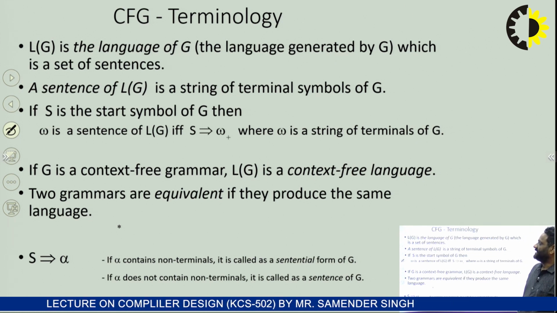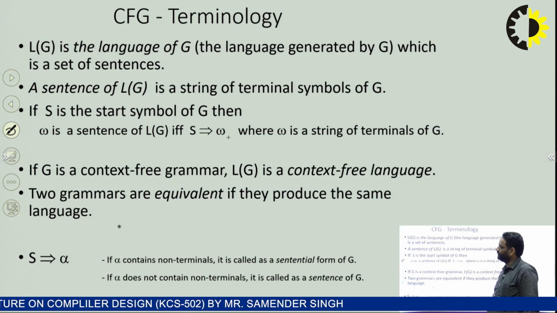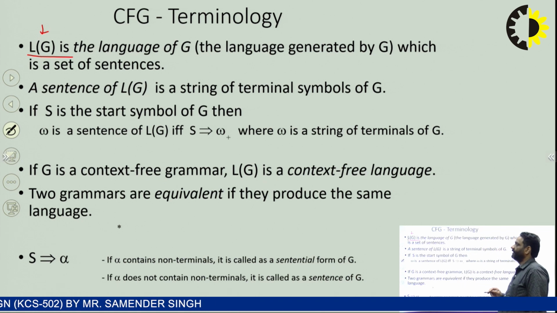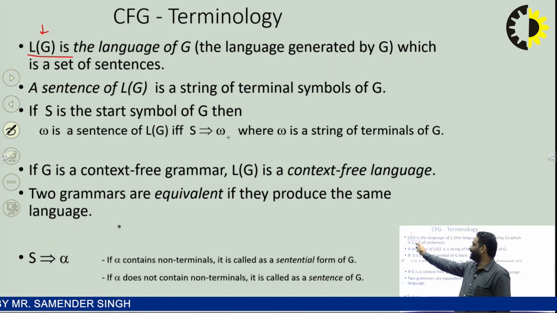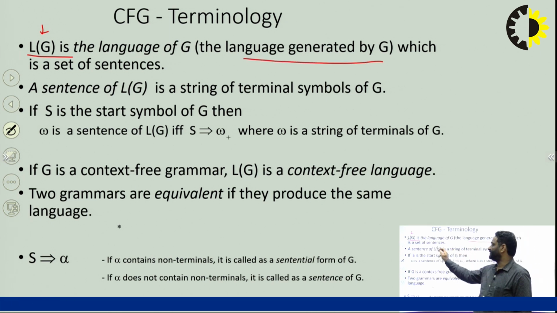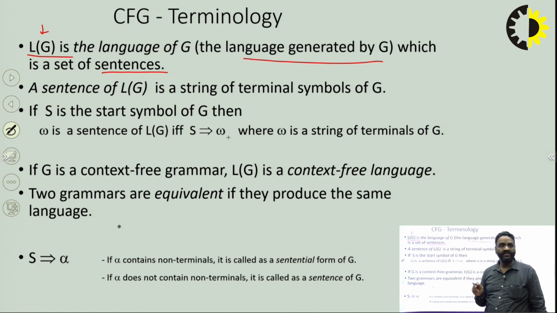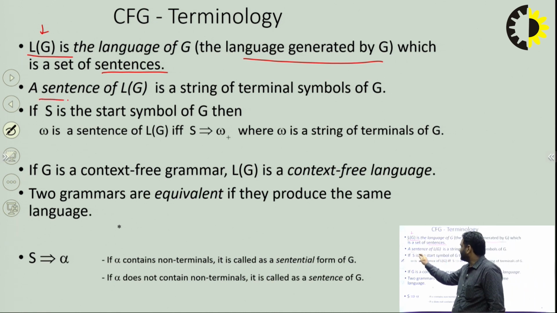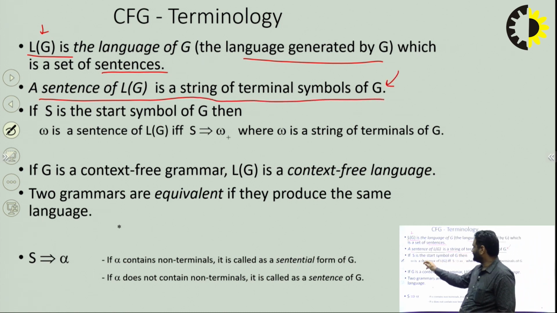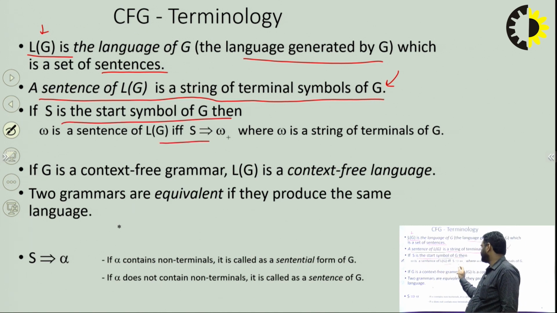Now, CFG, that is context free grammar. Suppose L(G) means we have the language of grammar G, CFG, which is a set of sentences. Set of sentences means the possible strings that can be legally derived. A sentence of L(G) is a string of terminal symbols of G. If S is the start symbol of the grammar, then this is start symbol to omega.